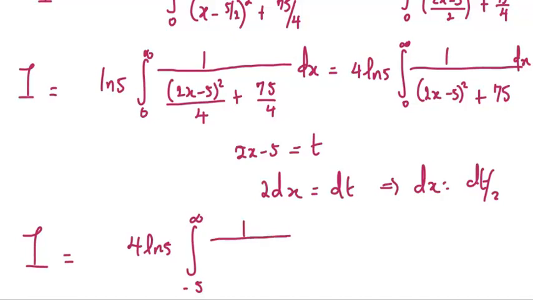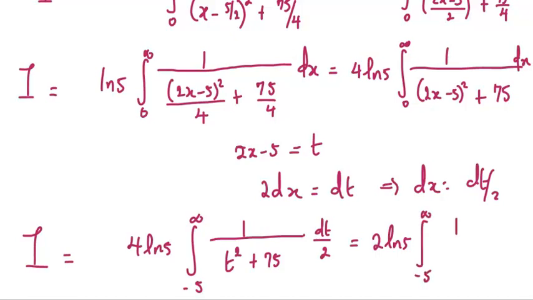So here, this is 1 all over, this will be t squared plus 75. Our dx is equal to dt all over 2. Take the 1 over 2 outside, we just have 2 ln of 5 multiplied by integral from negative 5 to infinity, 1 all over, this is t squared plus 75, and then dt.